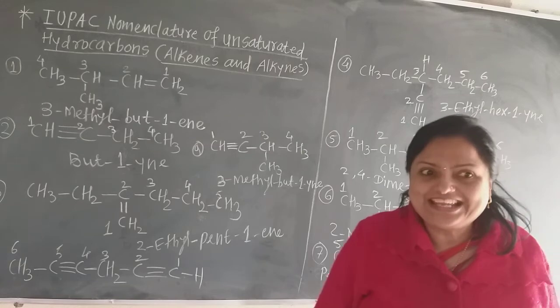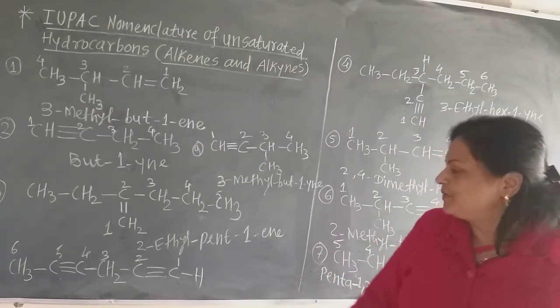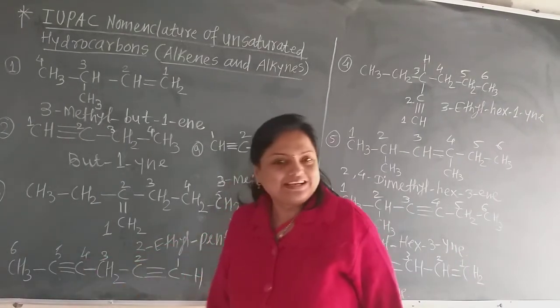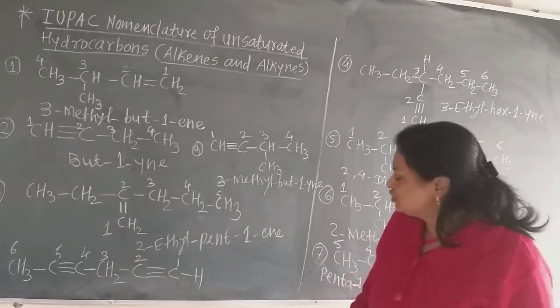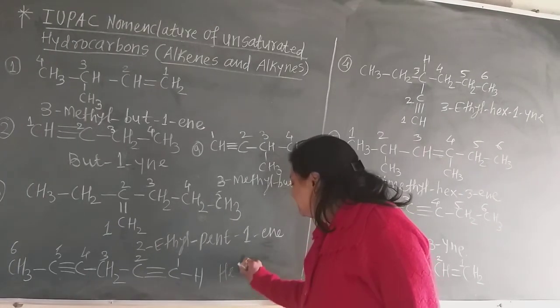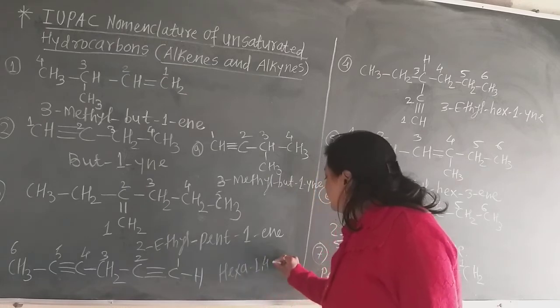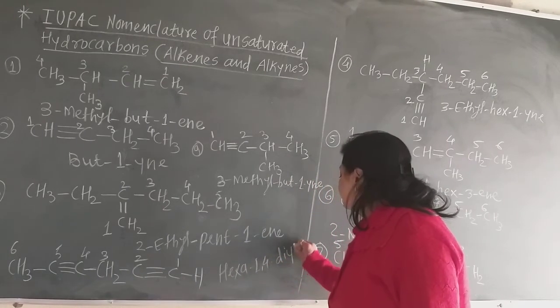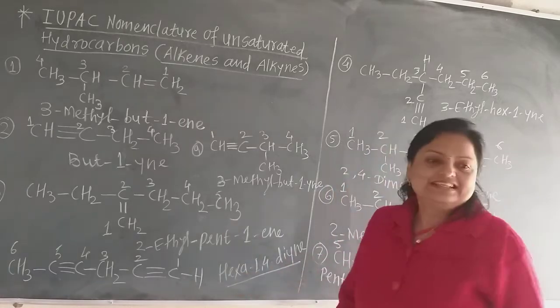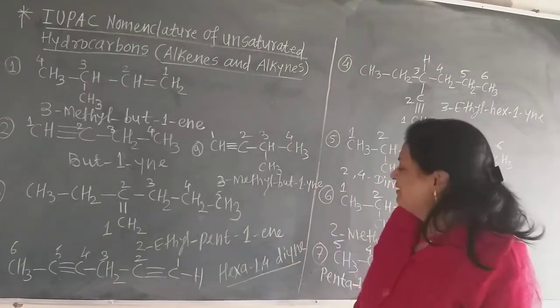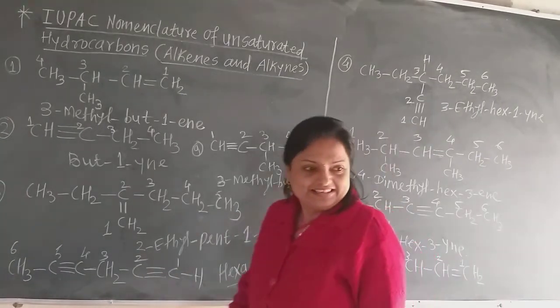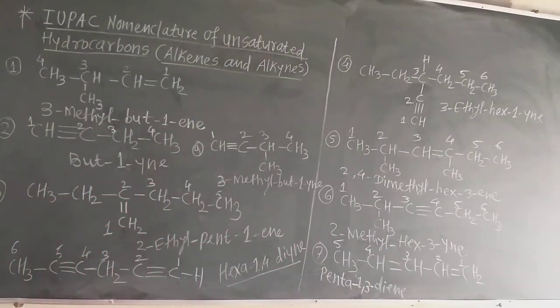But which one? The first carbon and fourth carbon contain the triple bond. So it is hexa-1,4-diyne. Remember that. This is the IUPAC name. In this way is the nomenclature of the unsaturated hydrocarbons.